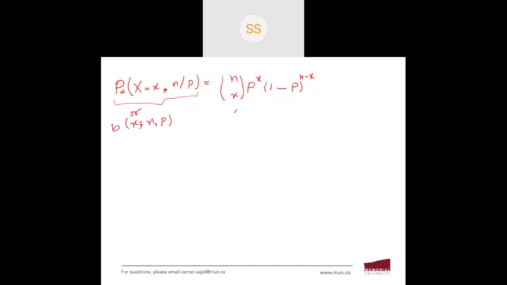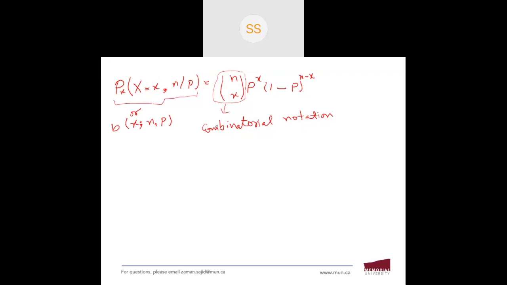Now what is this here? This thing you have done in your undergraduate statistics courses, I believe. This is what we call the combinatorial notation, n choose X. This is the same as what we do in combination problems in your undergraduate studies.